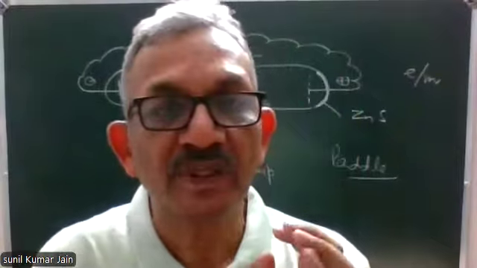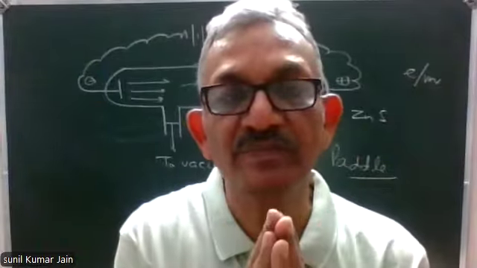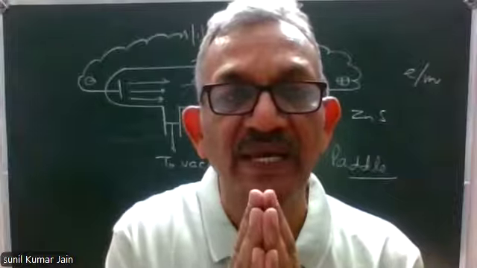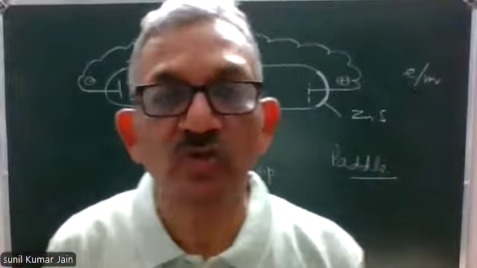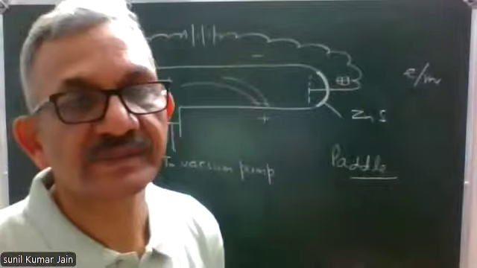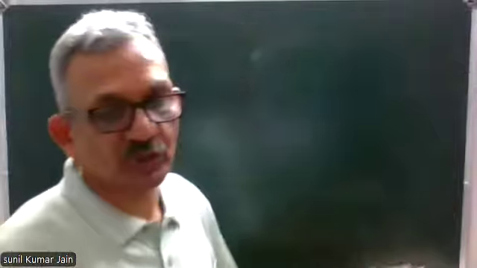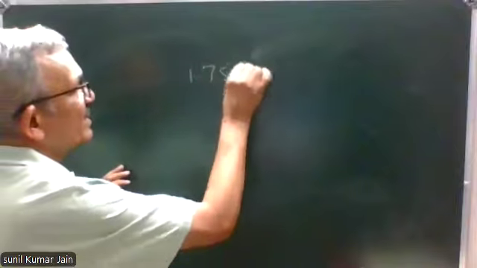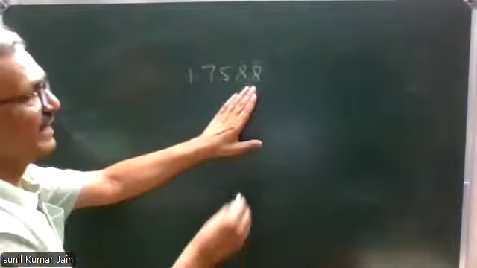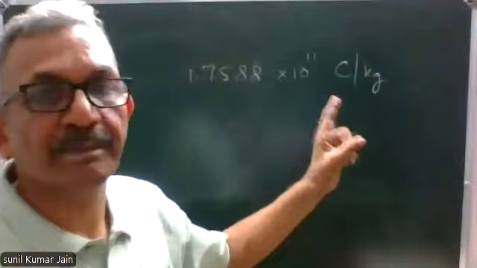By measuring applied field strengths and angle of deviation, Thomson calculated the E/m ratio of electrons, which was found to be 1.7588 into 10^11 coulomb per kg.